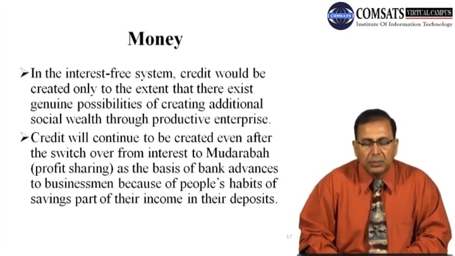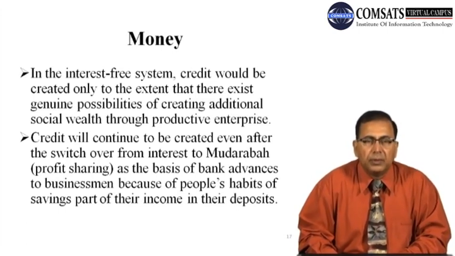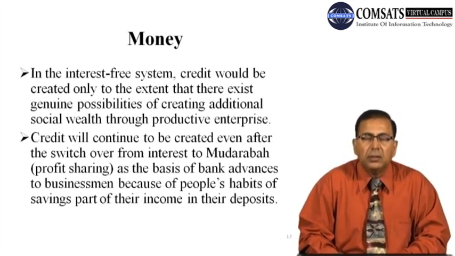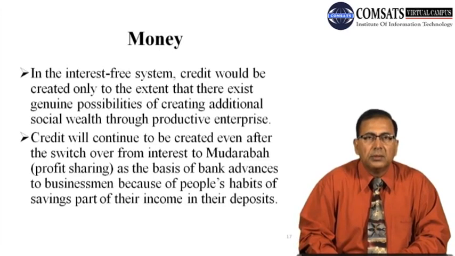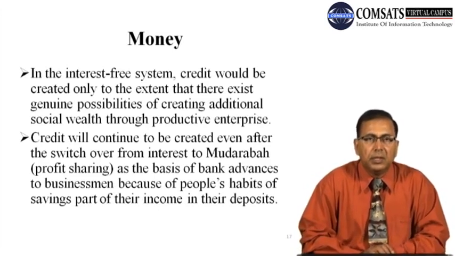So depositors basically want to earn profit, and the financial institutions have to transform their functions in the best interest of the depositors. And they have to play, as I mentioned earlier, their role in the framework of the two-tier Mudarba system.